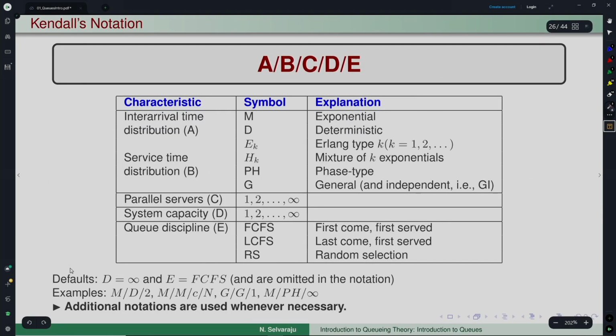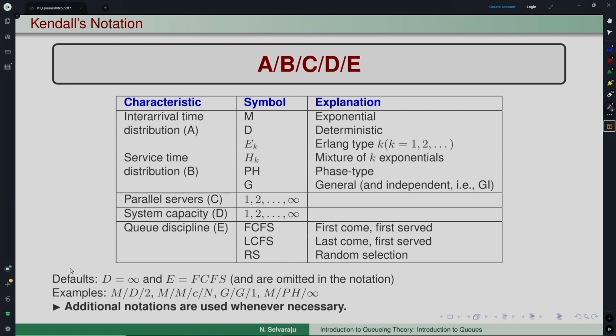Now, to describe this kind of queuing systems, in queuing theory we use a typical notation, because when you use this notation then the system you are trying to describe is easily understood. Again these are only very basic sets.